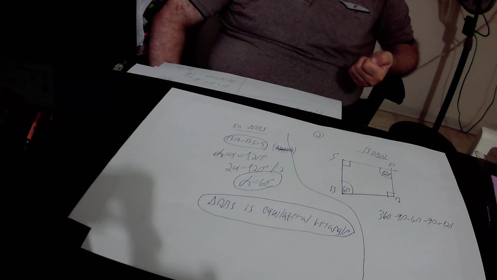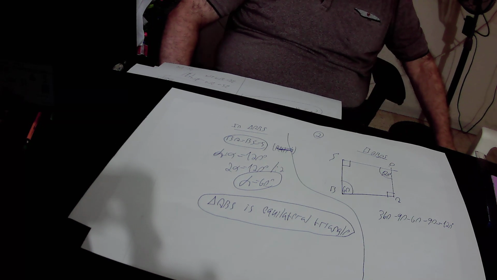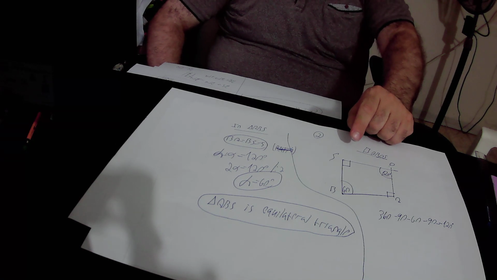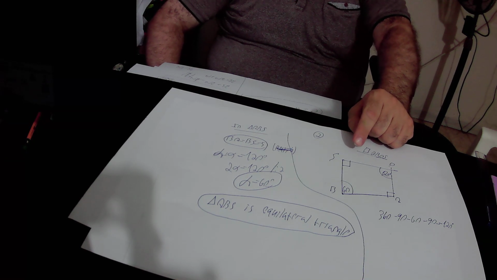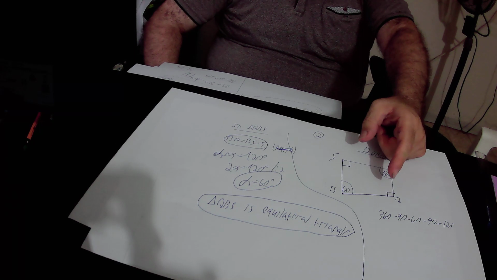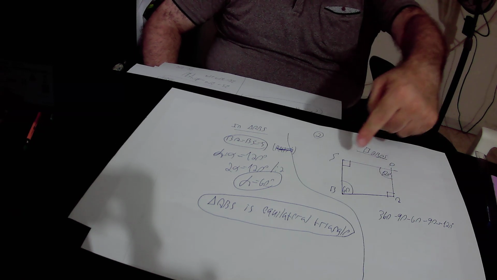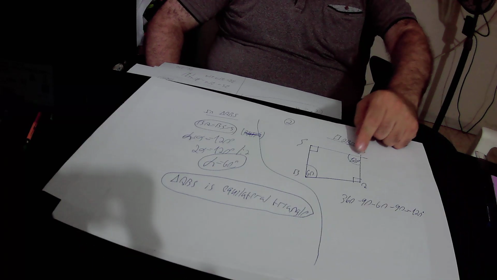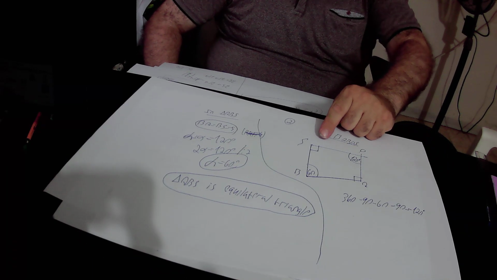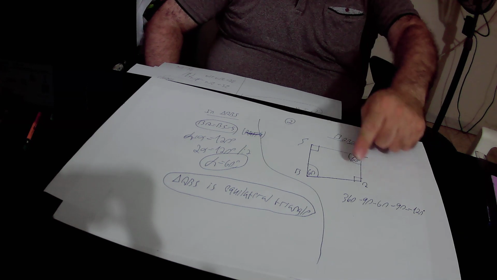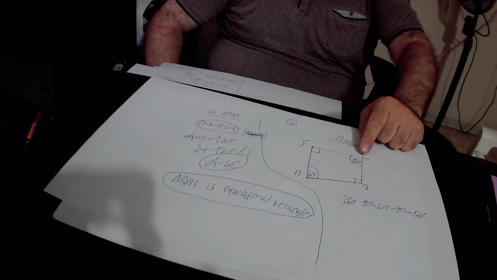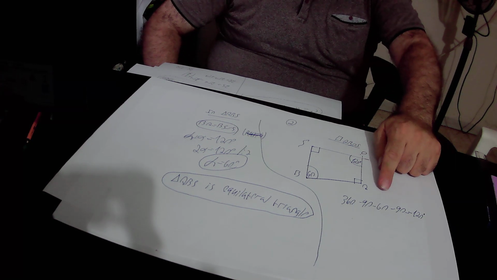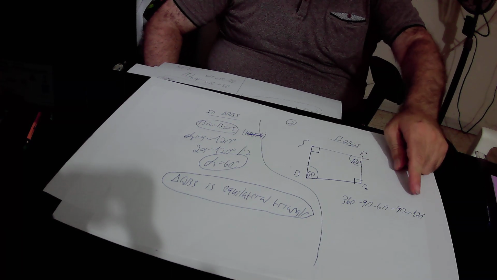And we know that the sum of the angles in any quadrilateral is equal to 360 degrees. So the sum of those three angles subtracted from 360 degrees must be equal to the size of the fourth angle. 360 degrees minus 90 degrees minus 90 degrees minus 60 degrees is 120 degrees.